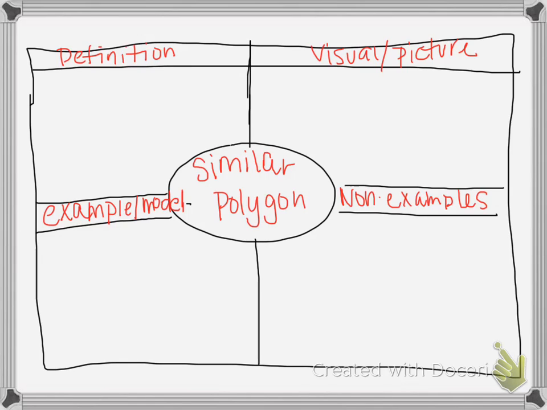Now for your definition, what I want you to do is look in the green book for a definition. So all the definitions should be in the very back page, in the very back section, and it's the purple section.